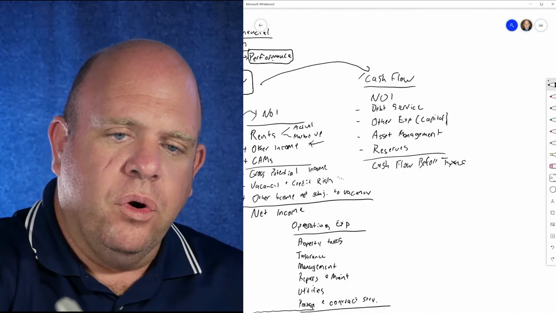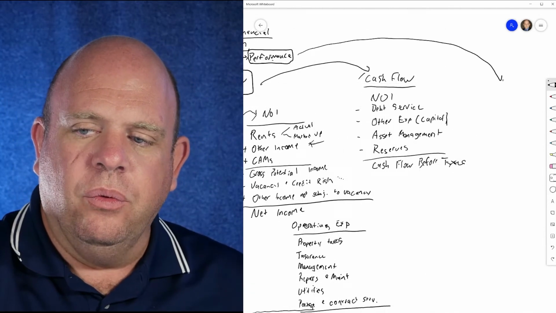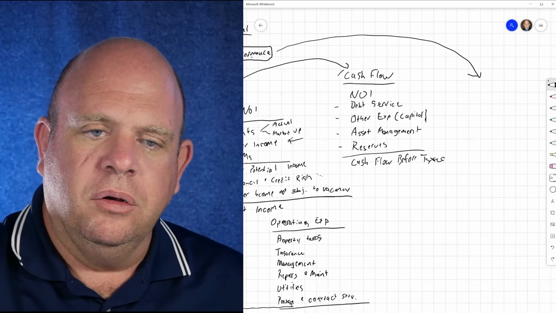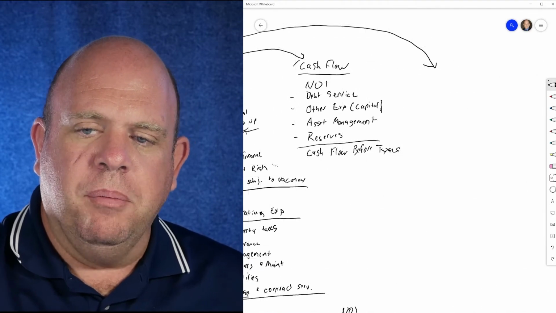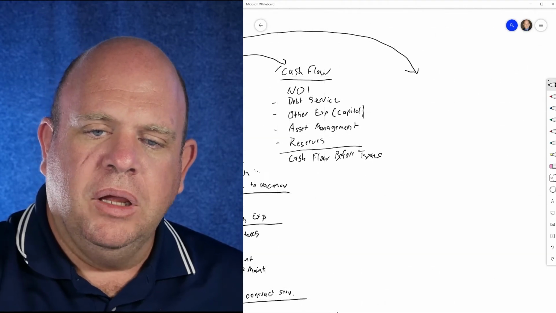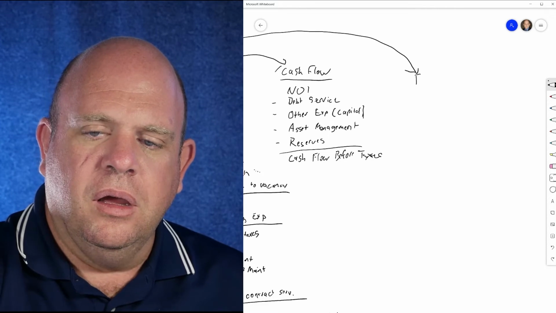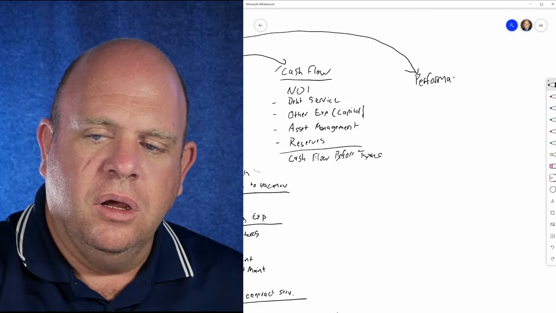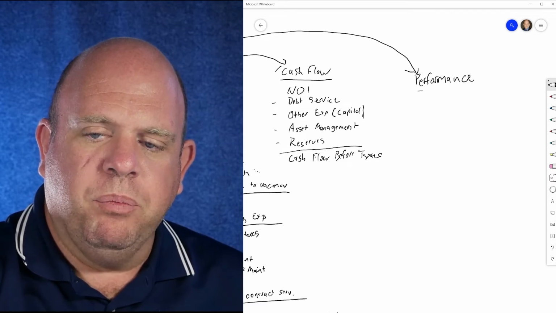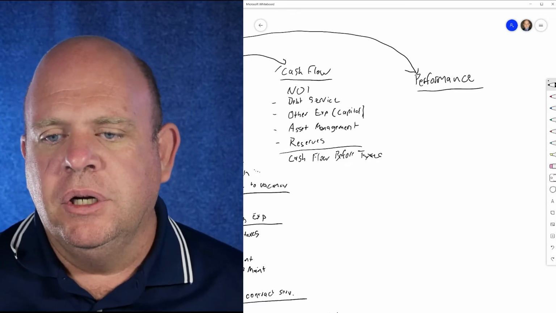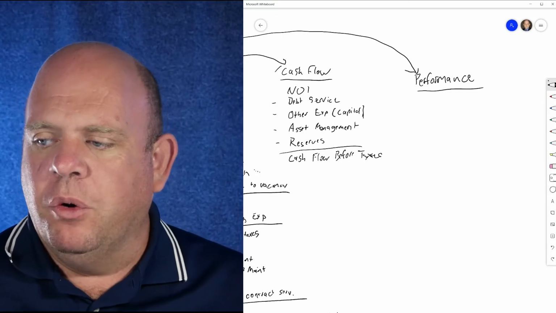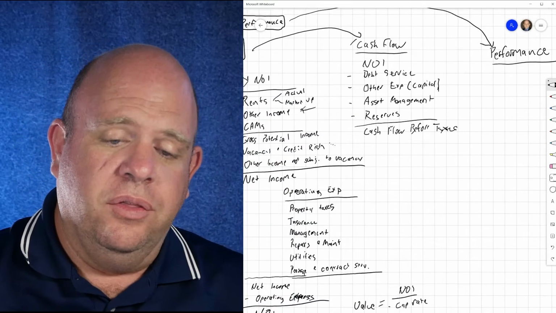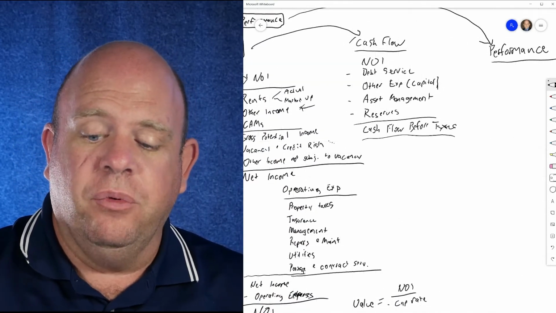Now, performance. This is where the rubber meets the road, right? Because what we're talking about is how do we have a meaningful conversation with a potential investor? So when we're talking about performance, first I need to understand all of this, especially this cash flow before taxes.